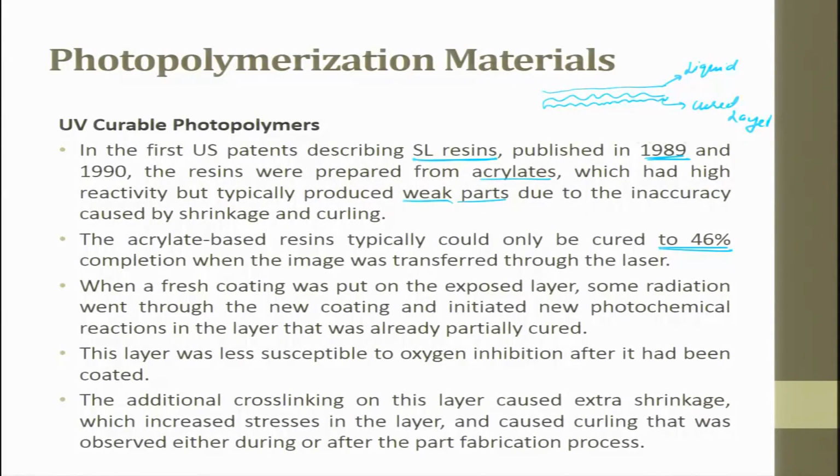This layer was less susceptible to oxygen inhibition after it had been coated. So, this is the coating which is there. The additional cross link on this layer caused extra shrinkage, which increases stress in the layer and caused curling that was observed either during or after the part fabrication process.